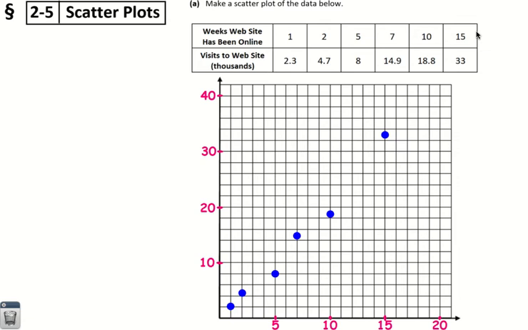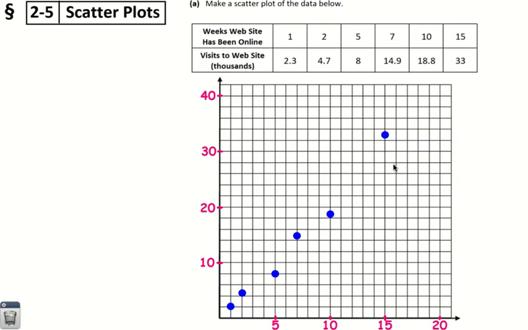But what you hope for is that all these points show a trend, and therefore a relationship between the two variables. As you can see here, the dots seem to be forming a trend, so there's definitely a relationship between the number of weeks a website has been online and how many visits, how many hits, there's been.